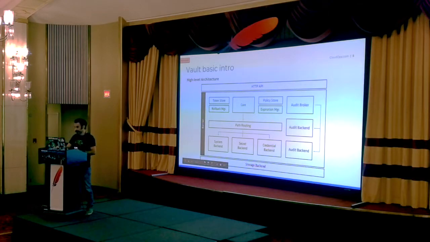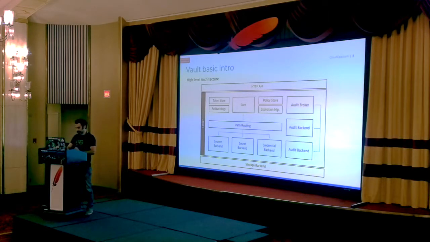And essentially, we need to have a storage backend. Everything on Vault, at the end of the day, will be stored somewhere. It can be the file system, it can be Consul, it can be etcd. There are all sorts of different storage backends which can be configured for a Vault server installation.